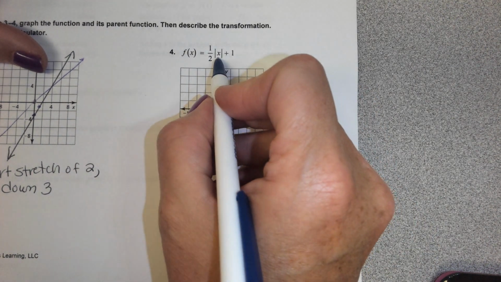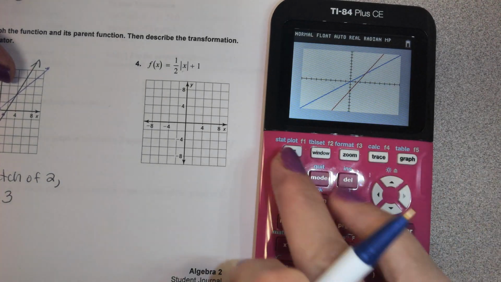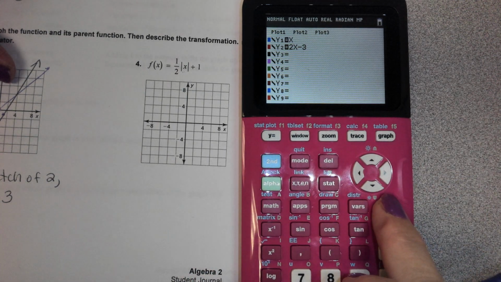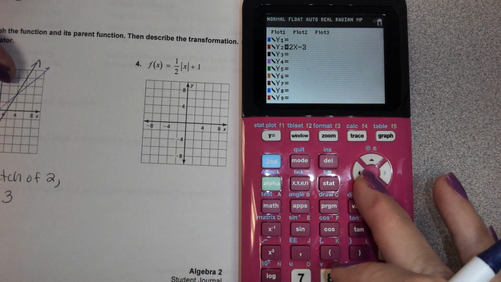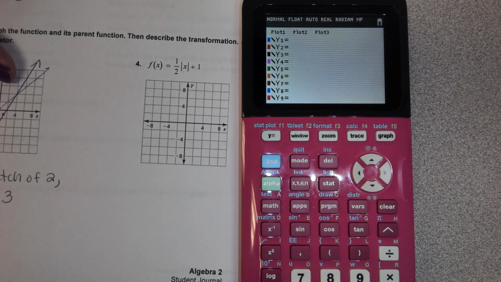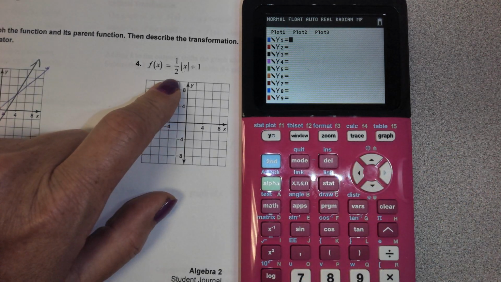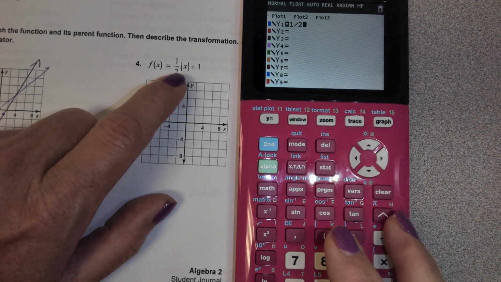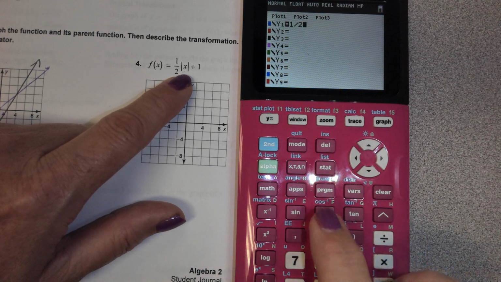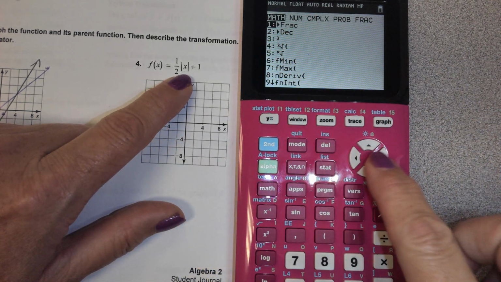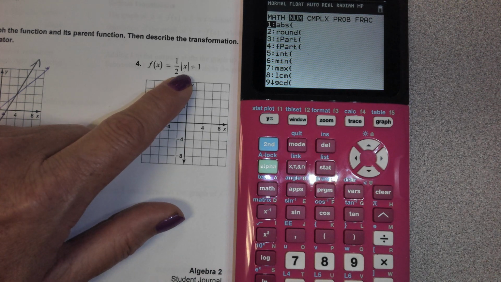All right, on this one, this is an absolute value function. So let's go back to y equals. Let's clear. All right, here's the clear button. Enter. Let's clear this one out. Clear, enter. I'm going to go back up to y sub 1. I'm going to put in 1 divided by 2 to get 1/2. Now, absolute value, you need to know where this is. You go to Math, you arrow over to Num, and you want ABS.